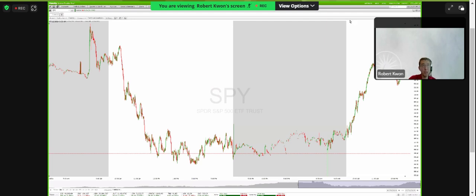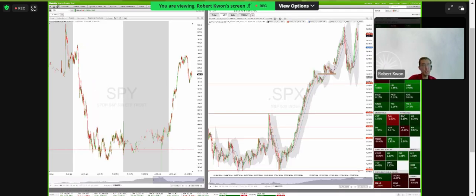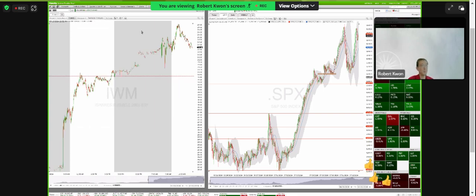Now, if you had a watch list up like I did, you would have been able to see that there was a massive rotation into small caps. So let's now flip over to IWM as a proxy for the Russell 2000. Notice the difference in how the 2-day sequence looks, at least so far.